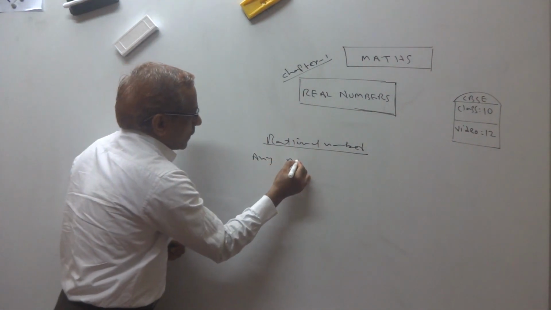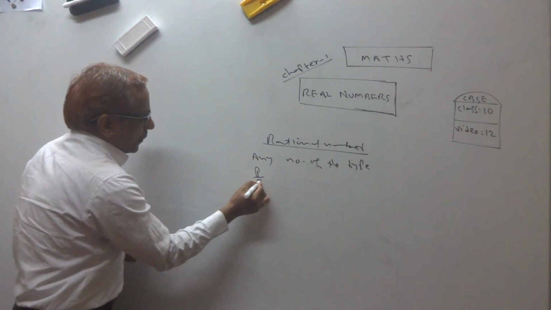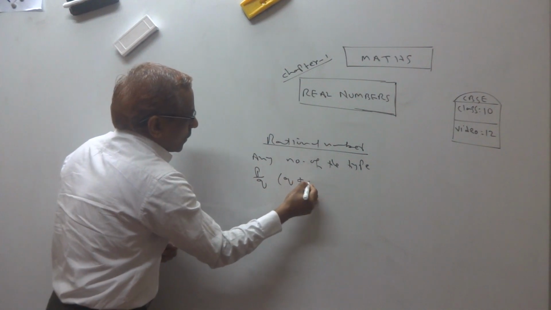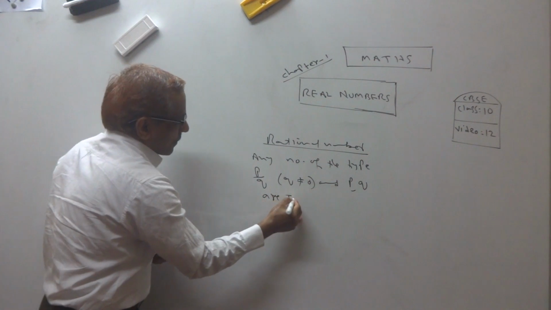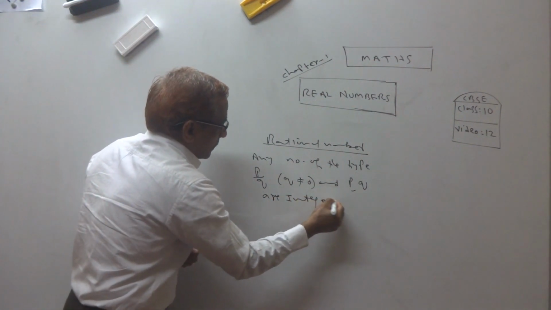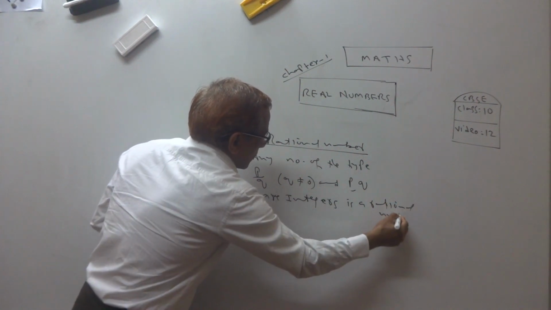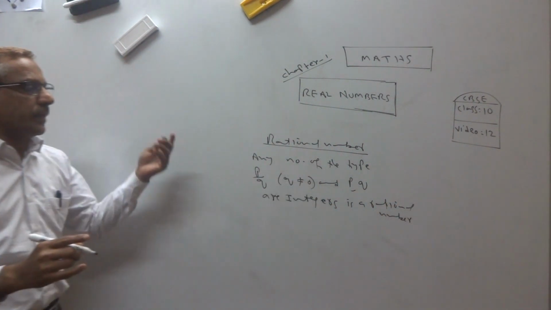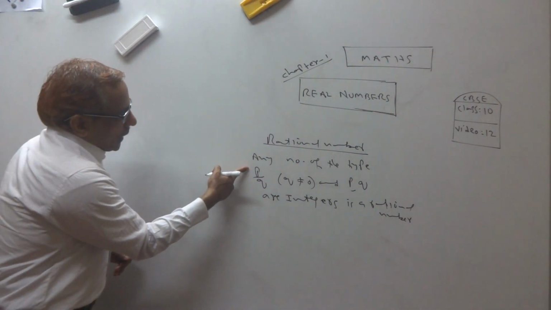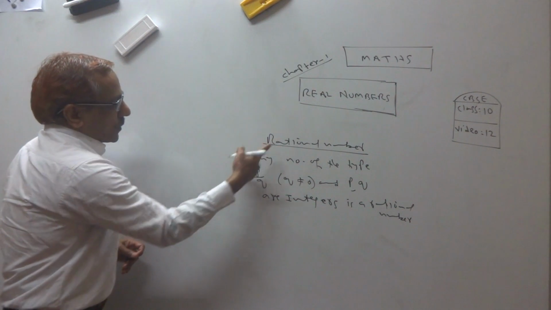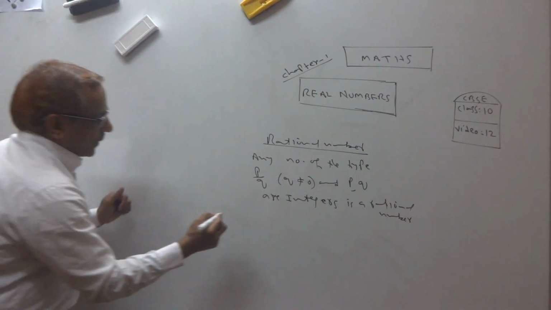Any number of the type p by q, where q is not equal to 0 and p and q are integers, is a rational number. This you already know, it was there in 9th class also. Integer by integer is a rational number. So any fraction is a rational number.